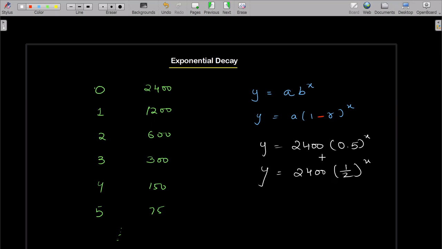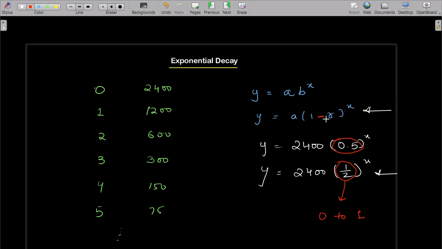Now, Anika, whenever you see an equation of either this type or this type, you will see that this number which is raised to x, if it is between 0 to 1, then that will be the case of exponential decay.